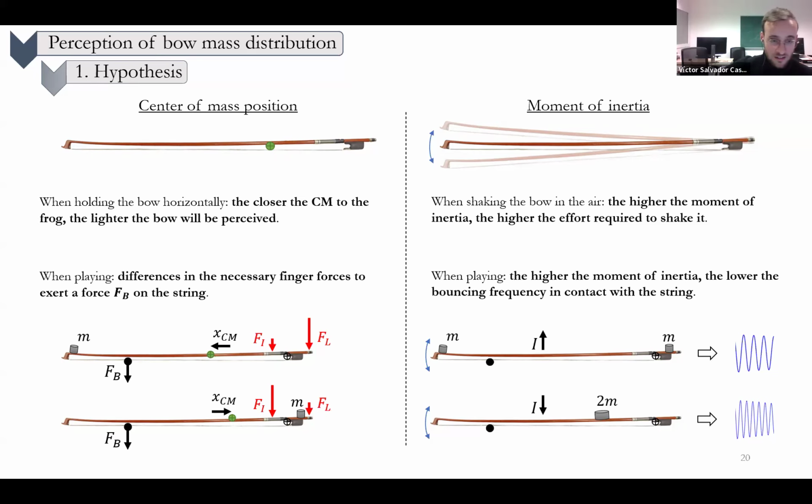I think it's a very interesting population of bows because the morphology of the bows is not that strict, I would say. And we will find radically different moments of inertia from one to another.